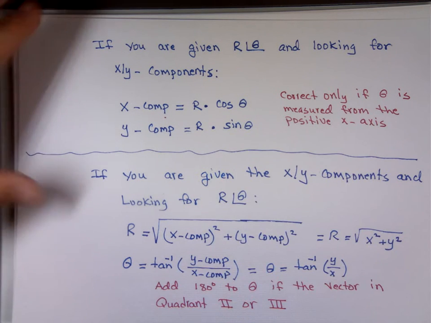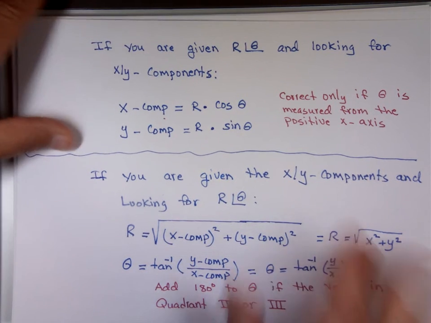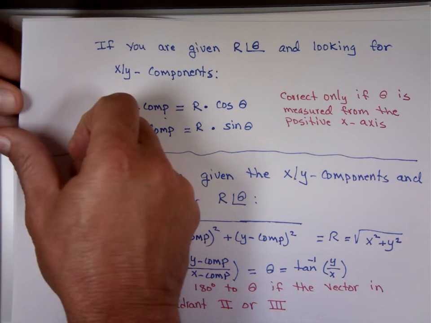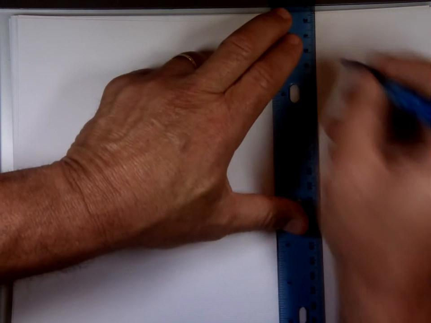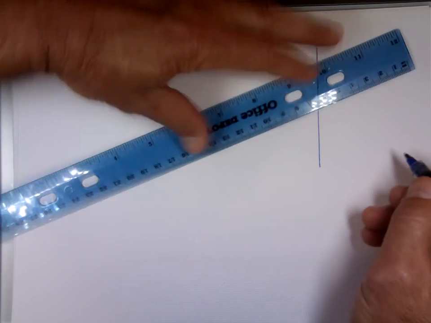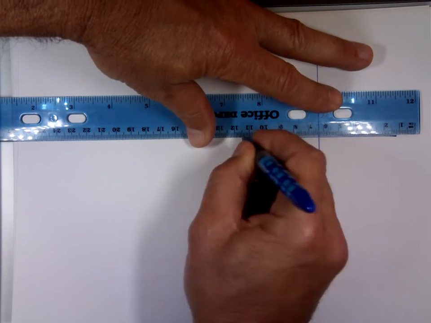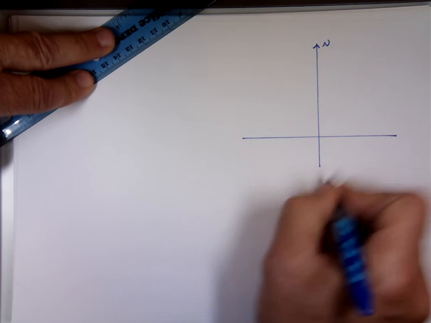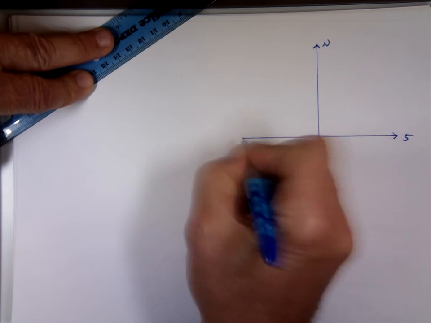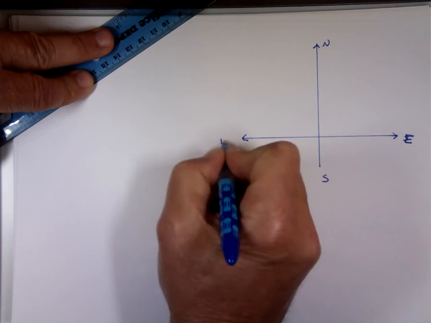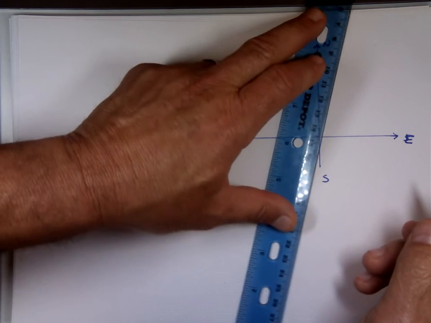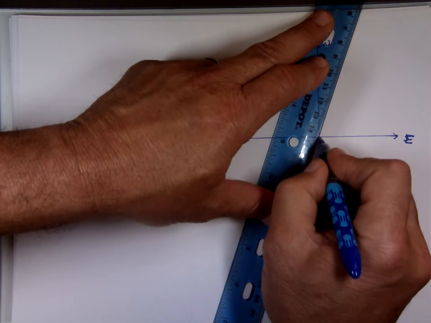But just to give you an idea why I said this one here, sometimes you'll see a problem that says a plane. Now, what they do, they'll give you the angles. So we have a plane that's going in this direction. We know this is north, south, east, and west. A plane might be a single engine plane, one of those small ones, leaving here and going in this direction.